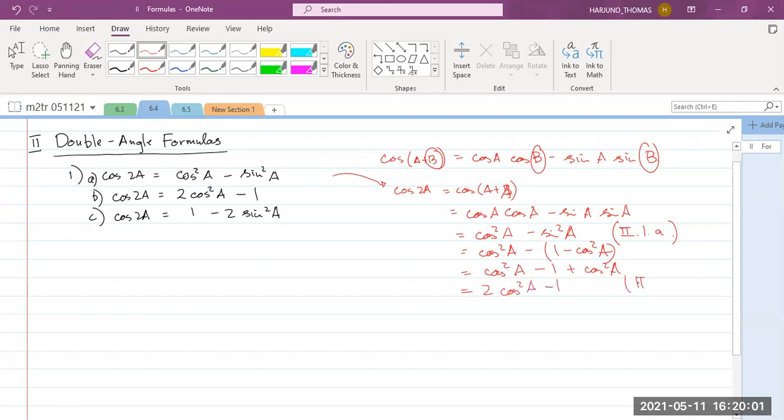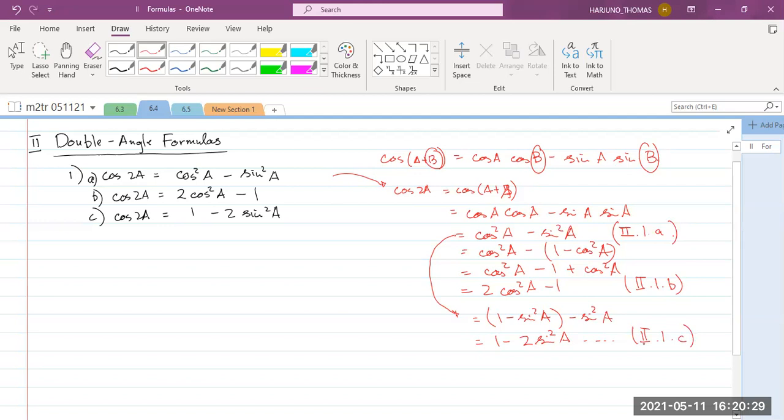That's the second variation. On the other hand, if I replace the cosine squared a by 1 minus sine squared a, boom, you will get 1 minus 2 sine squared a, right? Which is the third variation.